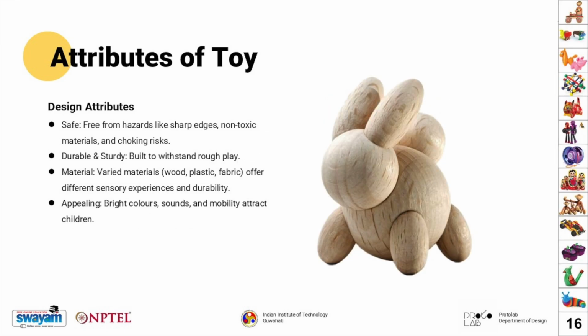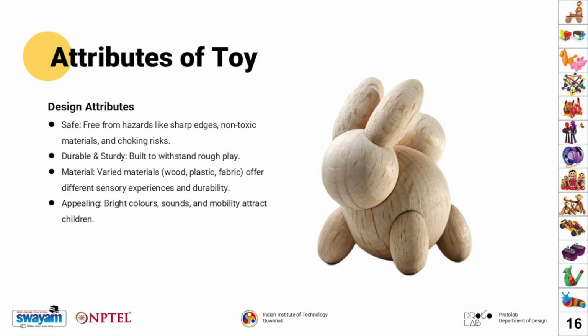Next, the design attributes. Safety is fundamental. Toys are free from hazards, such as sharp edges, non-toxic material, and choking risk. They are durable and sturdy, built to withstand repeated and sometimes rough play. The choice of material matters as well.